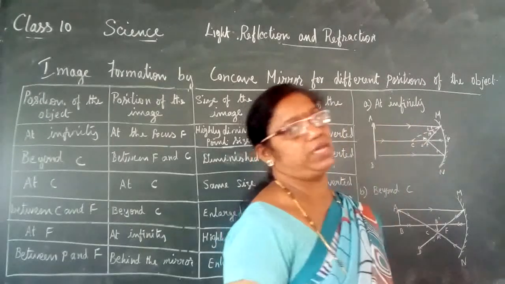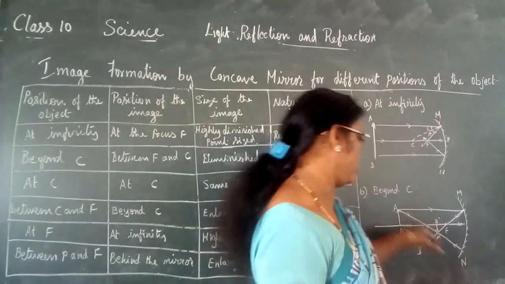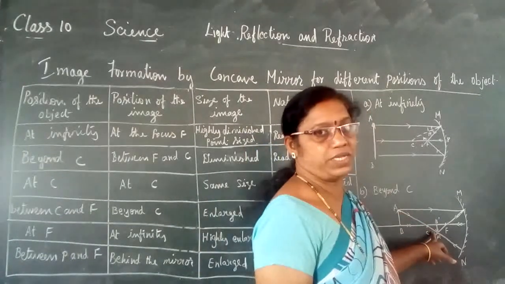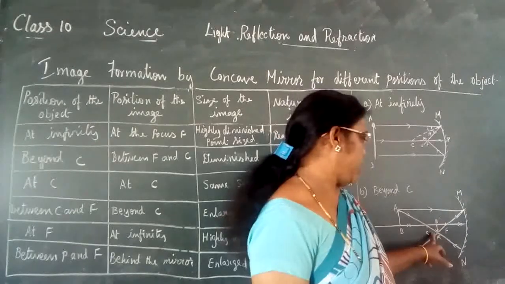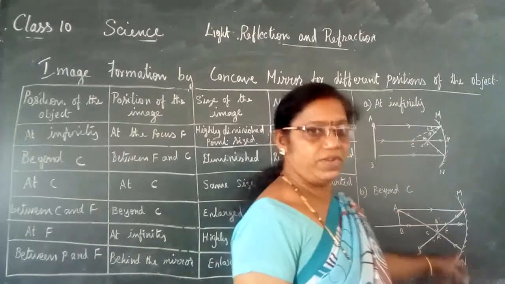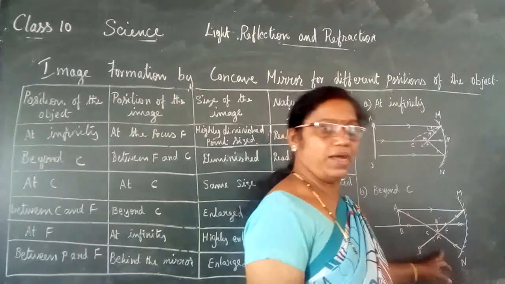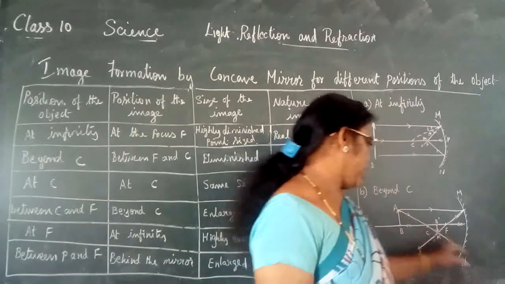And according to the second rule, the ray which passes through the center of curvature without any diversion, after reflection passes in the opposite direction on the same ray.